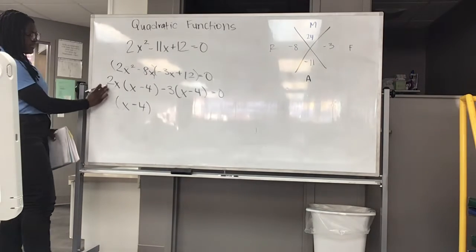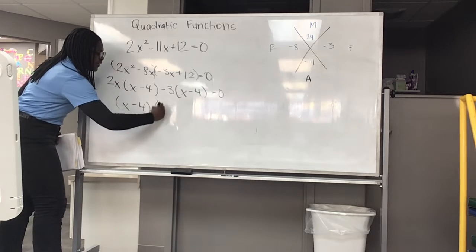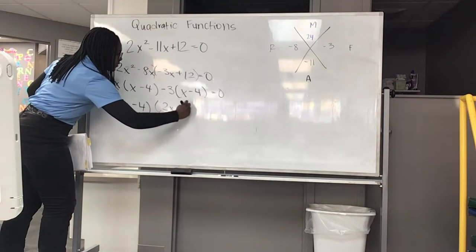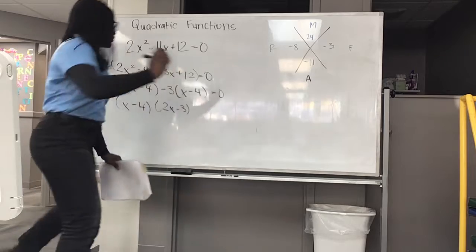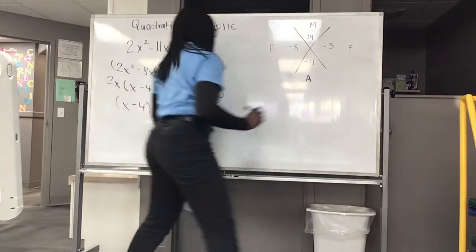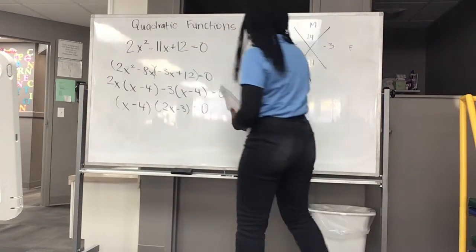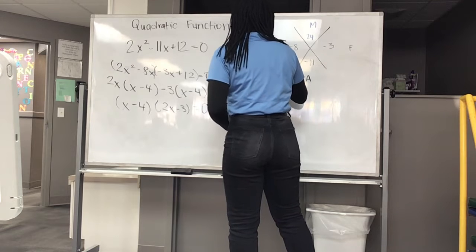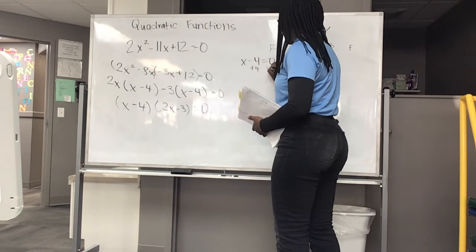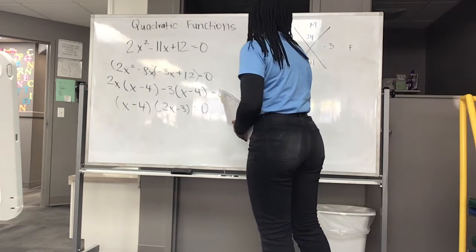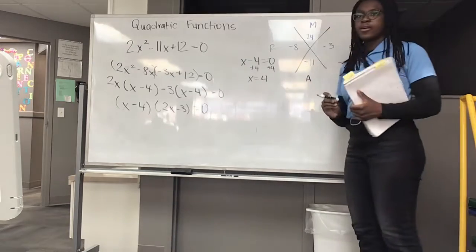The second one is 2x minus 3. So again, I'll set those equal to 0. x minus 4 equals 0. If I add 4 on both sides, x equals 4.